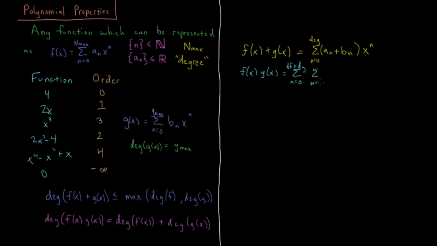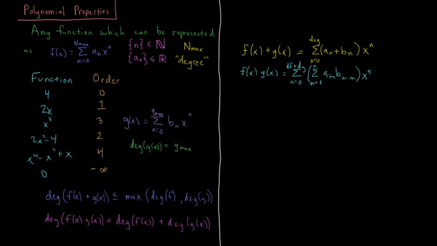Sum from m equals 0 to n on the interior, am bn minus m times x to the n.